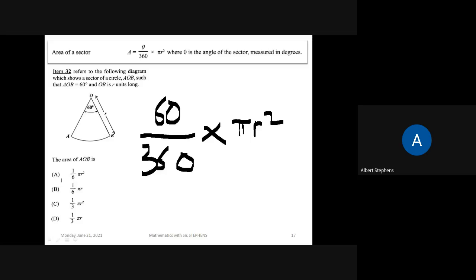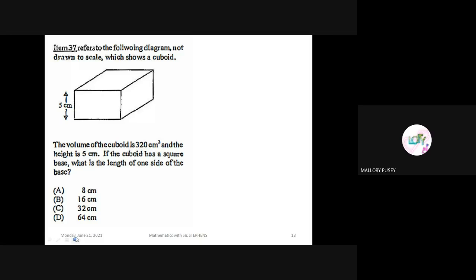So clearly, B is gone and D is gone, because B and D don't have pi r squared. So what's his answer here, quickly? 1/6, sir. Right, 1/6. Very good. The 2 zeros are gone. Easy, not true? Yes, sir. All right.